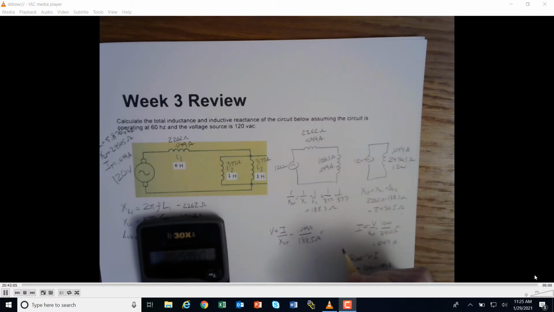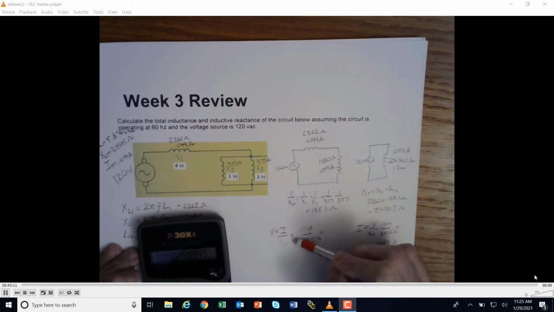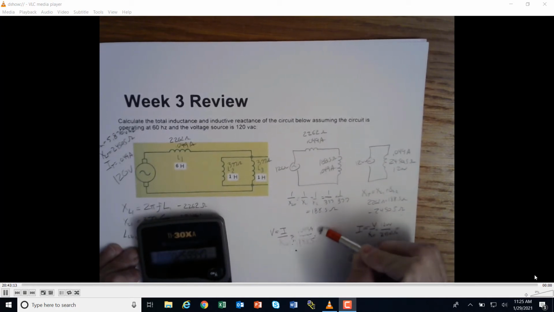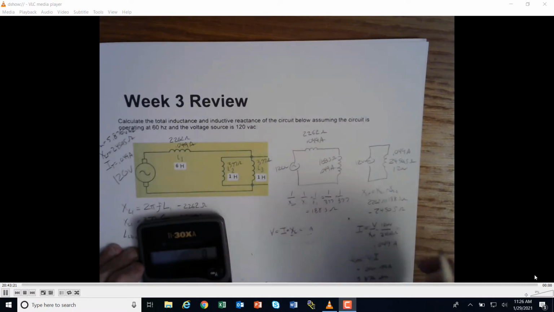Looks like I've got a little bit something going on. Oh, V equals I times R. I'm a little ahead of myself, sorry. V equals I times R. So in our case, sorry, it's not R, it's XL. There we go, my bad. So let's try that again.